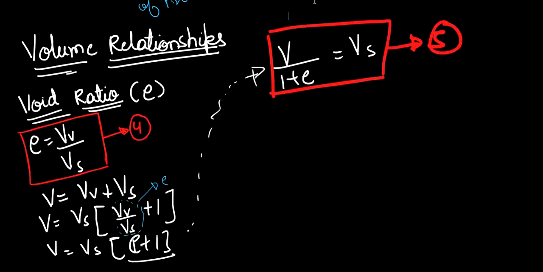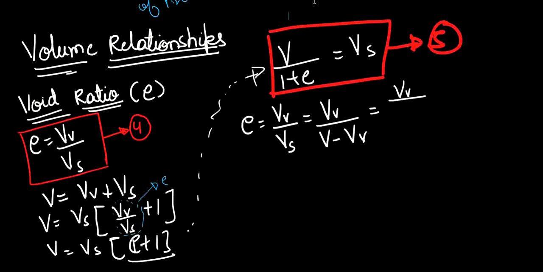Now further I can obtain another relation from my primary formula of void ratio. I know that void ratio E is equals to Vv upon Vs. Now if I expand the denominator, I can write the volume of solid as total volume minus volume of void. Now I divide numerator and denominator by Vv.